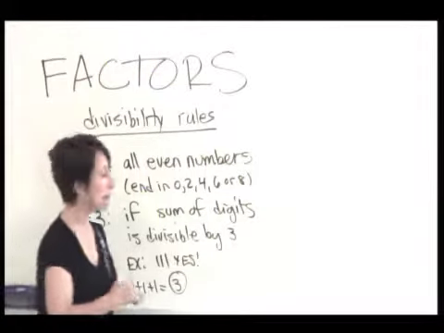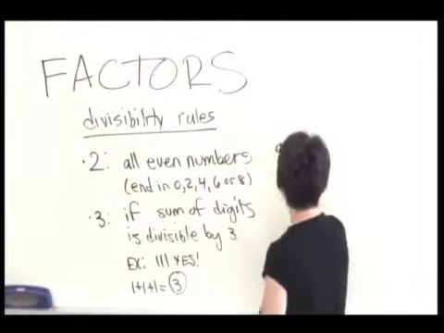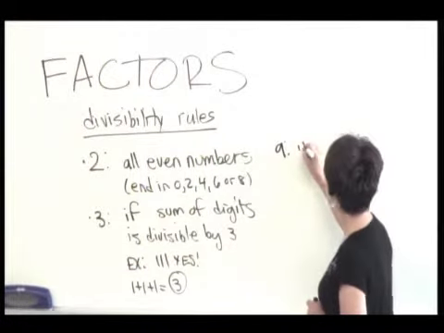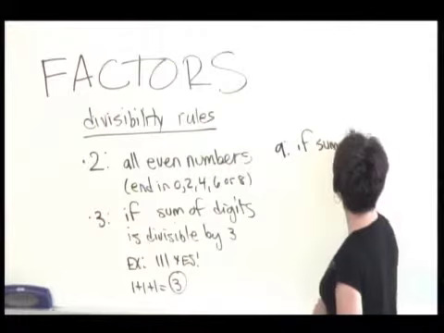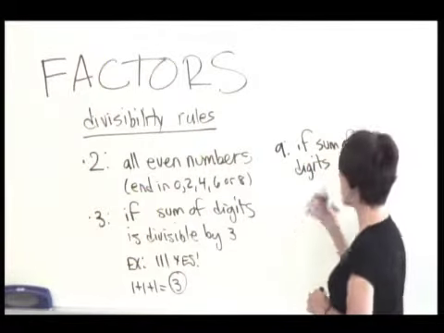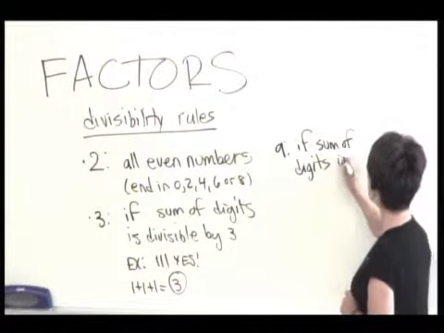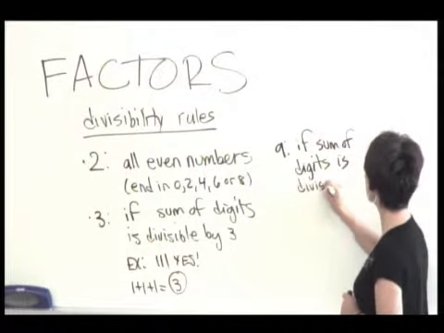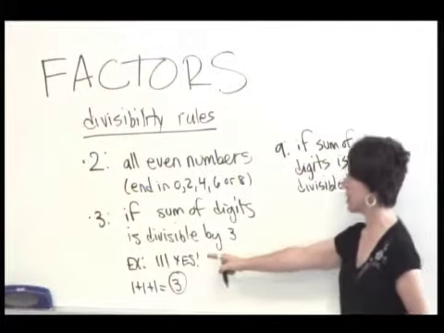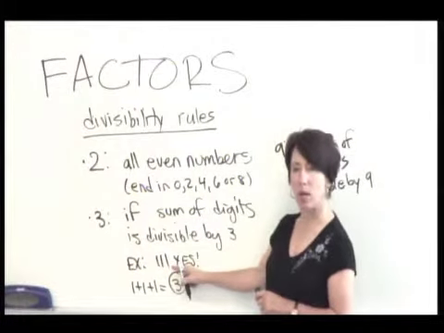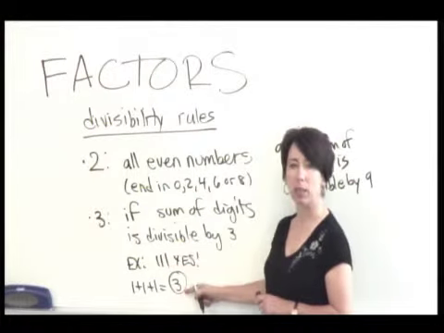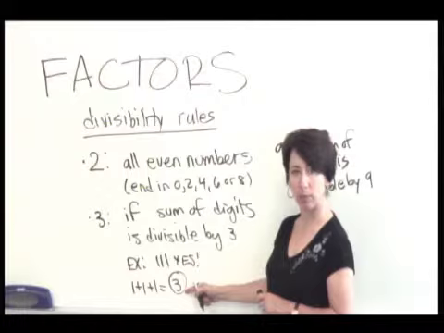And 9 actually has a very similar rule. The number is divisible by 9 if the sum of its digits, the number we're looking at, is divisible by 9. So this number here, 111, would not be divisible by 9 because the sum of its digits is 3, and 9 does not go into 3.